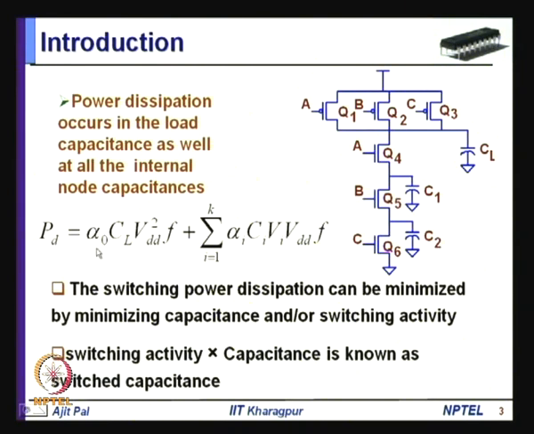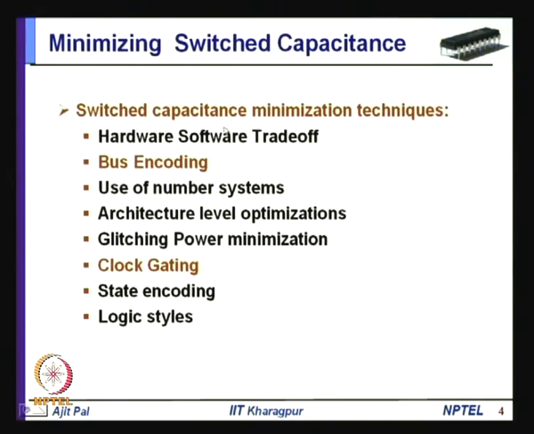So, essentially alpha C L represents the switched capacitance. Either we shall minimize switching activity alpha or C or both together. So, we shall discuss various techniques of minimizing switched capacitance.